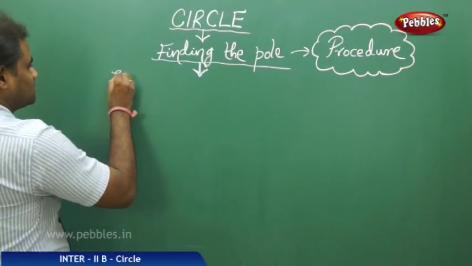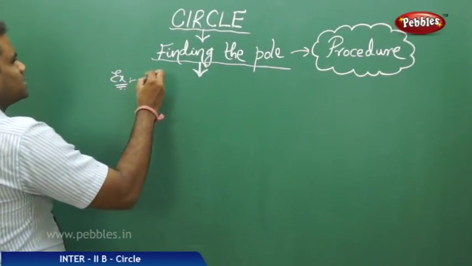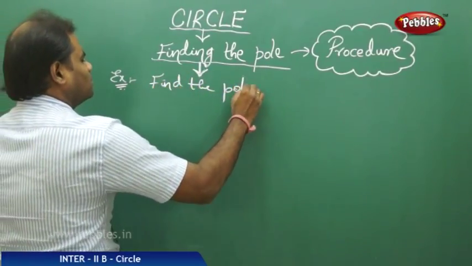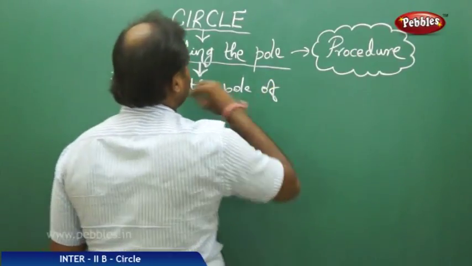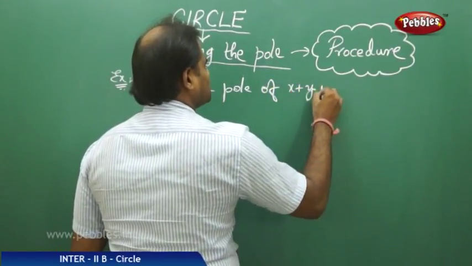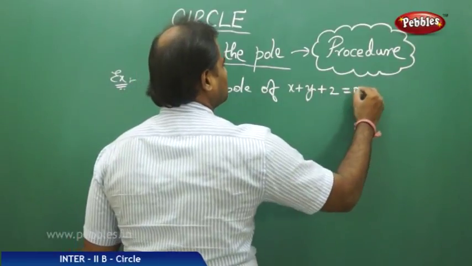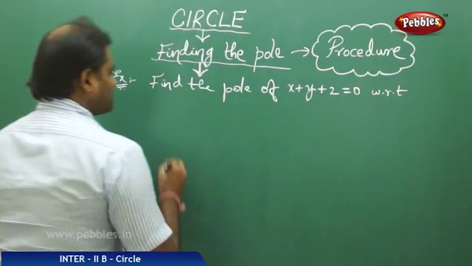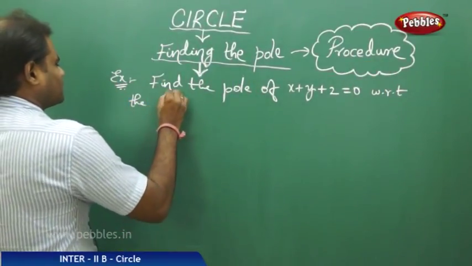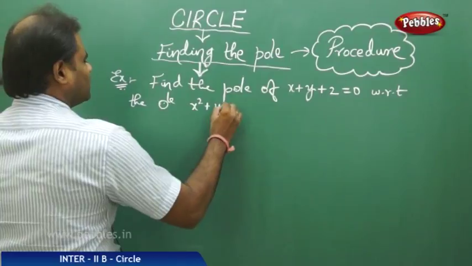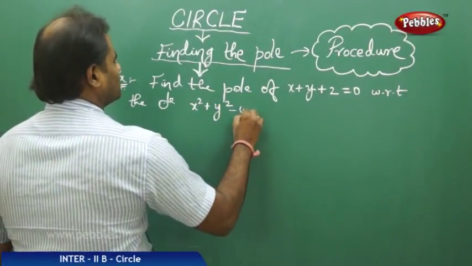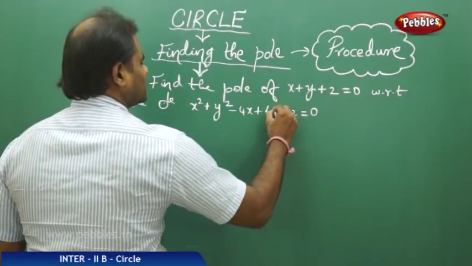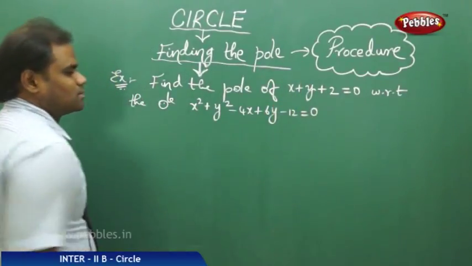So in this case, the question is, find the pole of x plus y plus 2 equal to 0 with respect to the circle x squared plus y squared minus 4x plus 6y minus 12 equals 0.